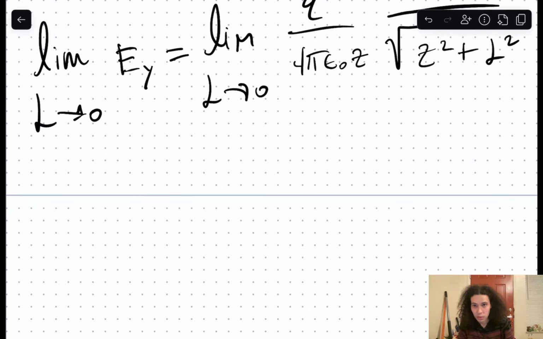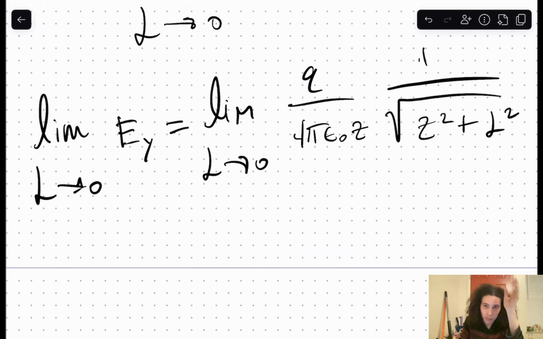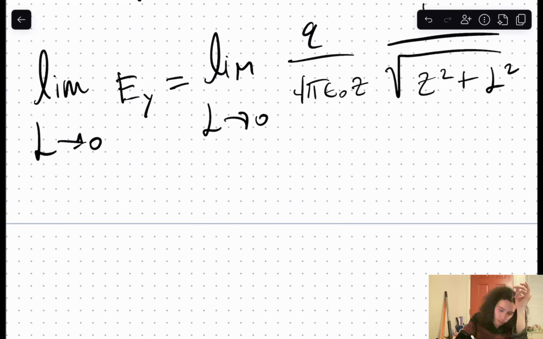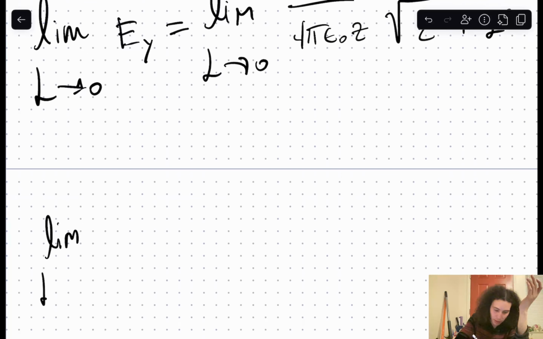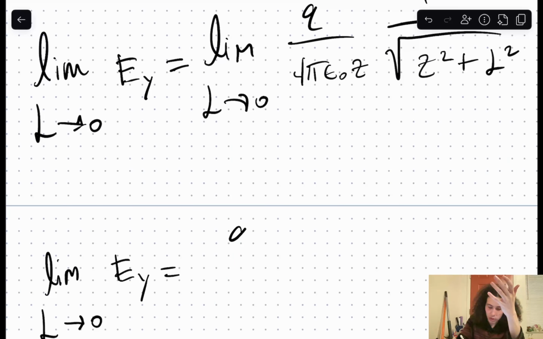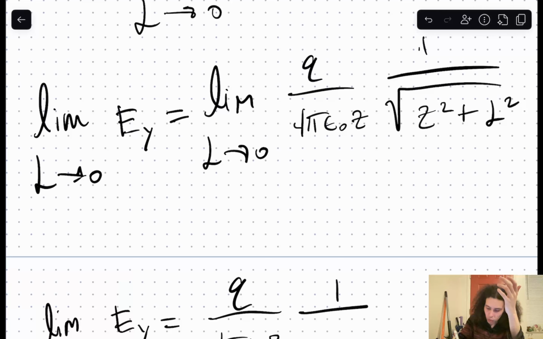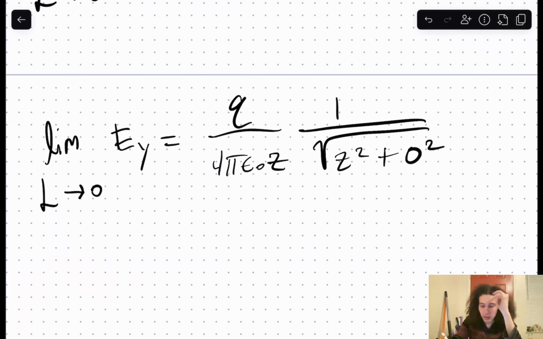So now, Ey, the limit as L goes to 0, becomes 1 over 4 pi epsilon naught, z times 1 over z squared plus 0 squared. Again, you get the cancellation of the z squared with the square root.